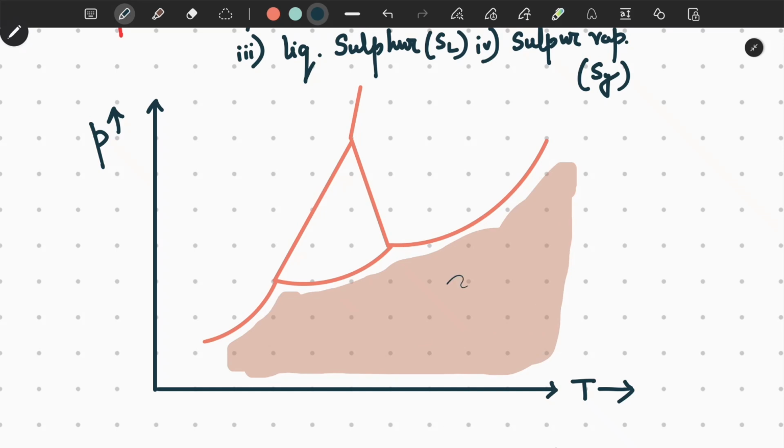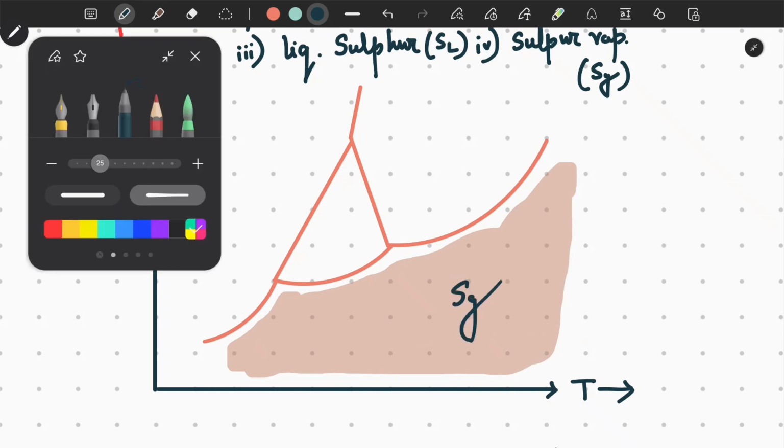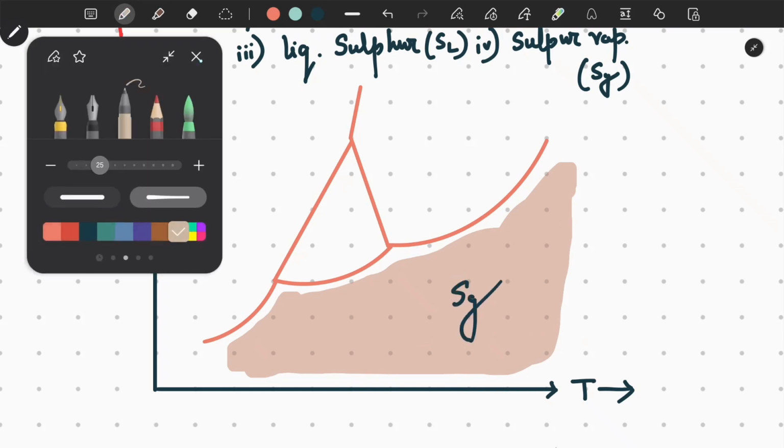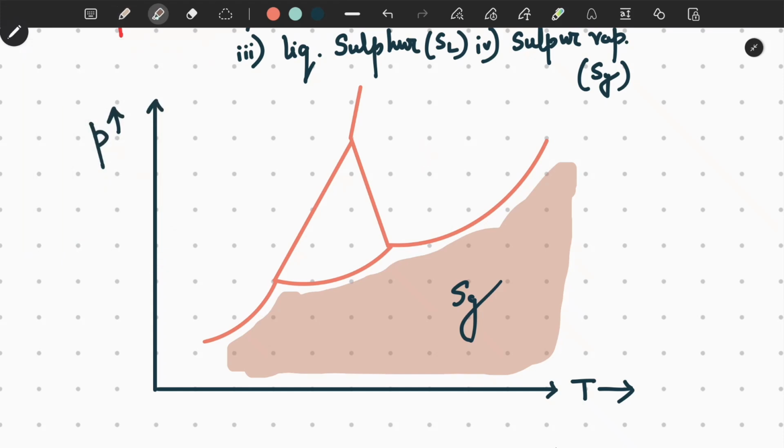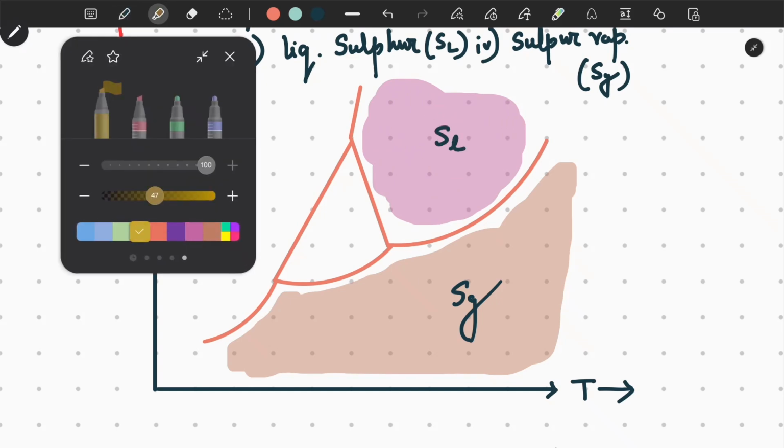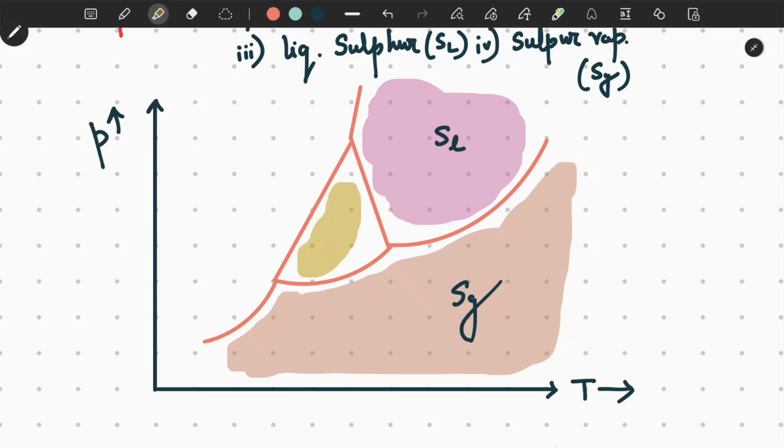This area is sulfur gas. This area is sulfur liquid. This area is sulfur monoclinic.